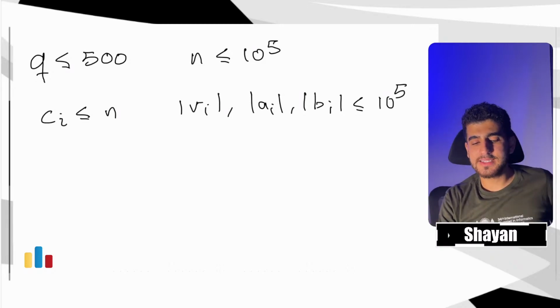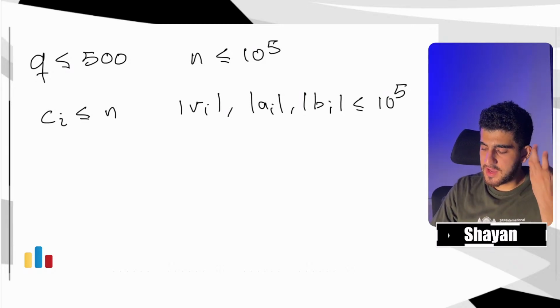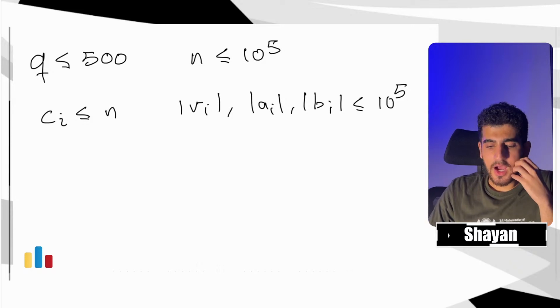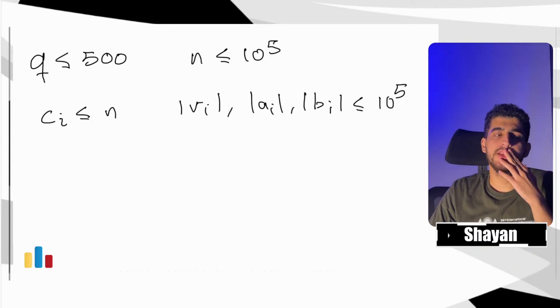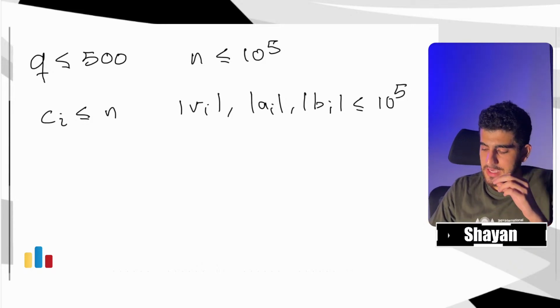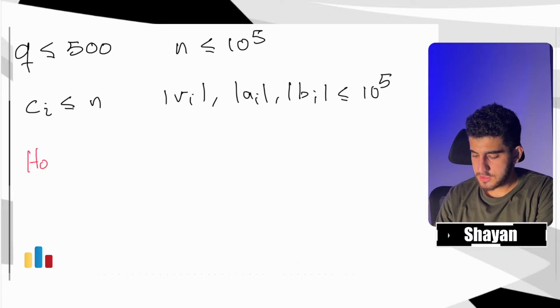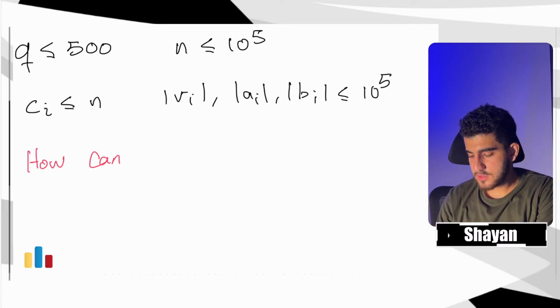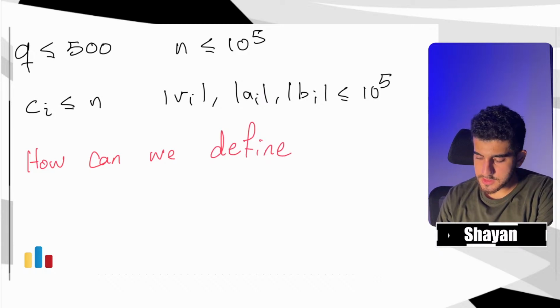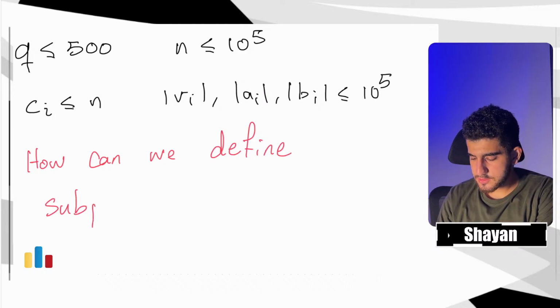So now you want to maximize the value of a subsequence. How can we do that? I mean, again, the first question is how can we define subproblems, or in other words, states?